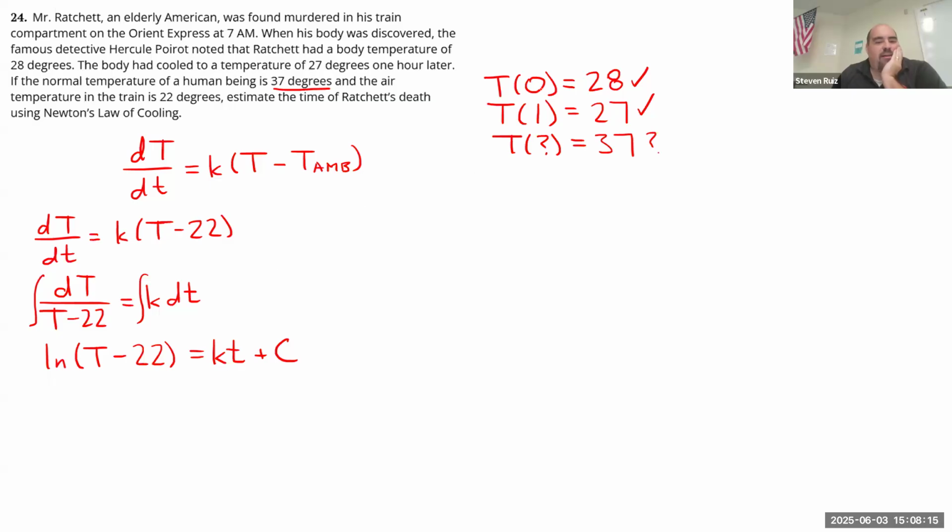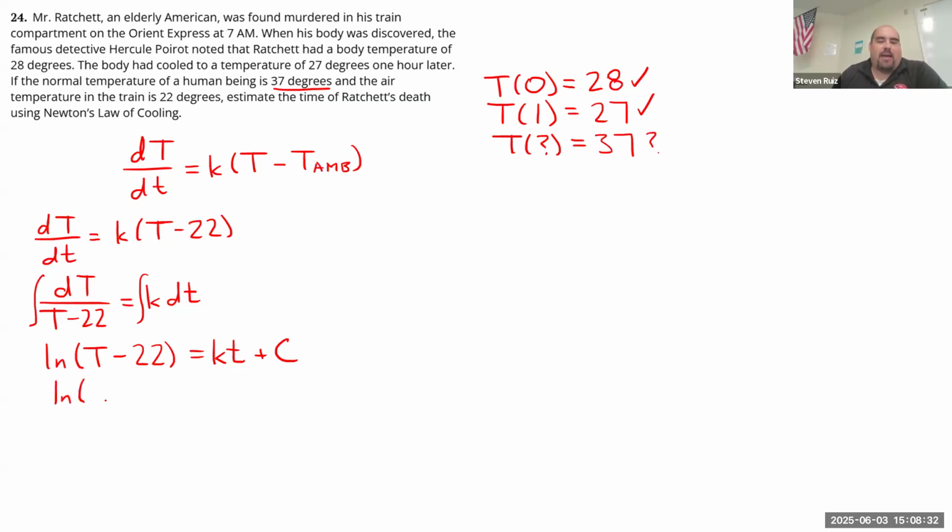I think we can use our first information to figure out what the value of C is. That's partly why I'm saying time equals 0, so I can get rid of this K. So let's plug that in.